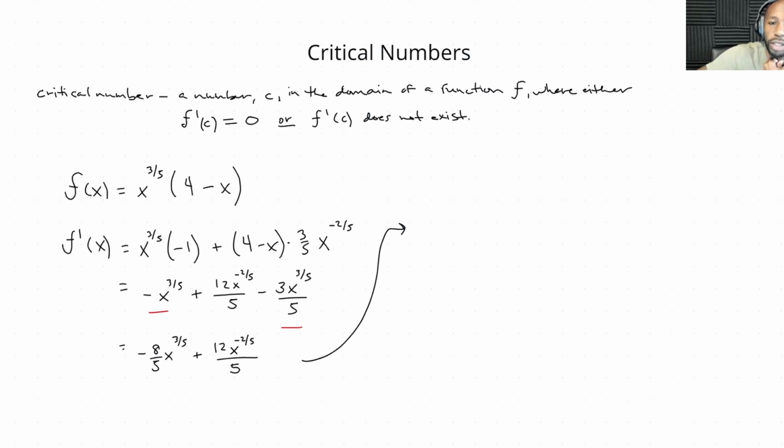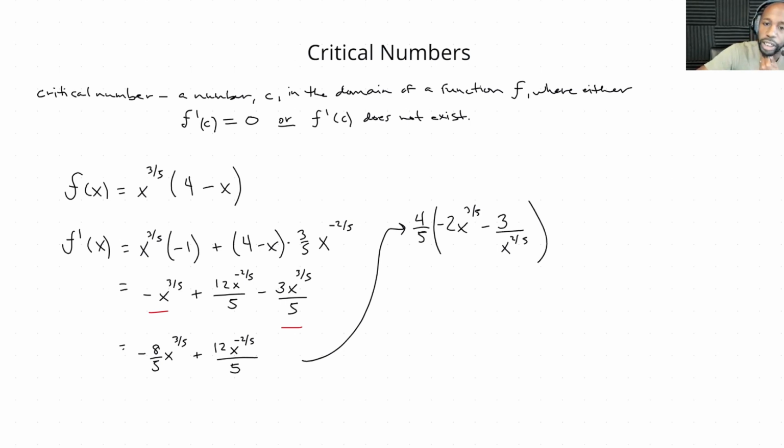So you have 4 fifths times 3 minus 2x to the 3 fifths power, over x to the 2 fifths. Okay. Is that all that we want to do?